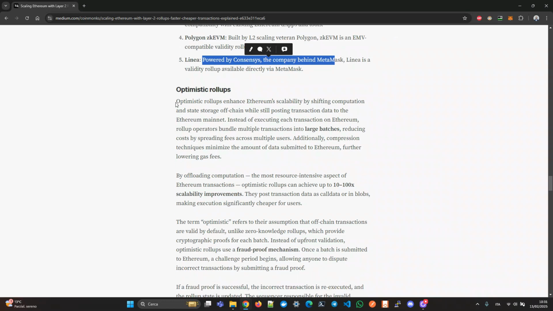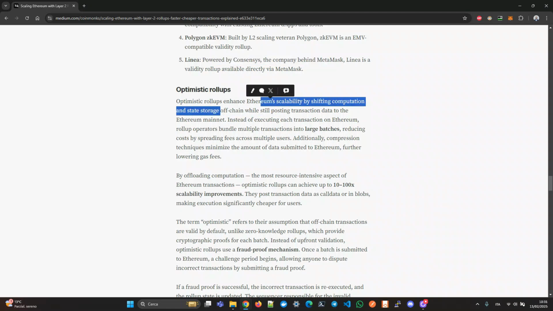Similarly to the zero knowledge rollup, because the principle behind the scene is the same, optimistic rollups enhance Ethereum scalability by shifting computation and state storage off chain while still posting transaction data to the Ethereum mainnet.